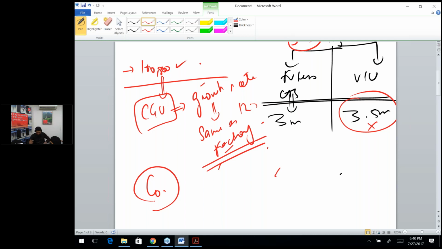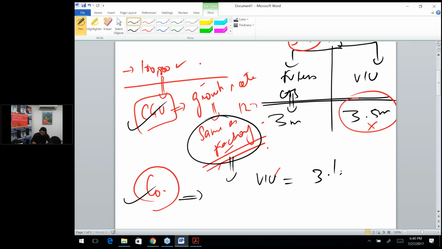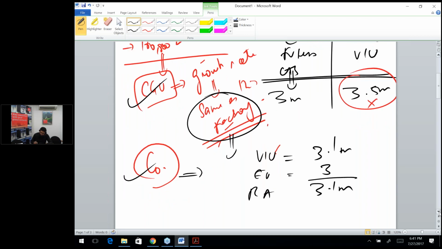So what are you gonna do? You say that you need to use the factory's rate, and when you use the factory rate, the value in use is actually 3.1 million, and the fair value less cost to sell was 3 million. So the recoverable amount, which is the higher, is 3.1 million.